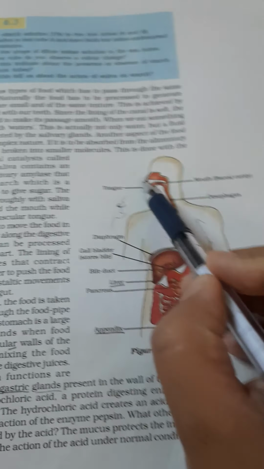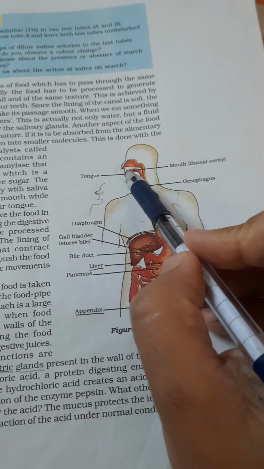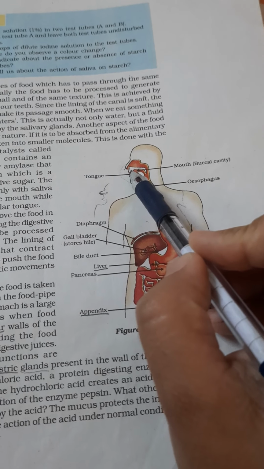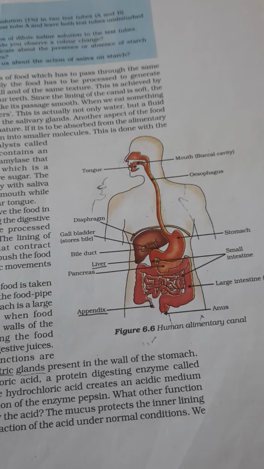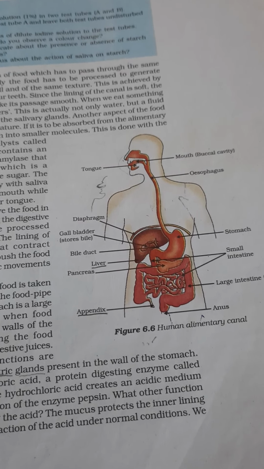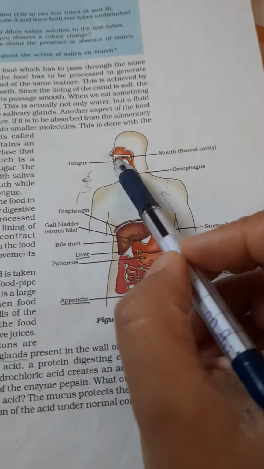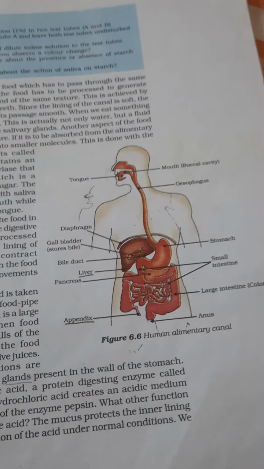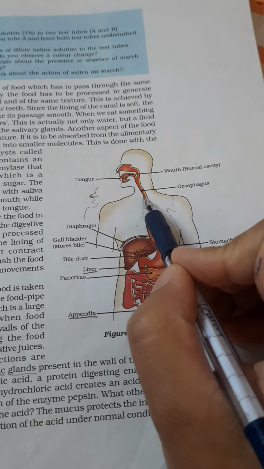In the mouth, teeth are present which help in chewing and grinding of the food. We know that teeth help in crushing food into small pieces. Then with the help of the tongue, the food is rolled and swallowed into the esophagus.